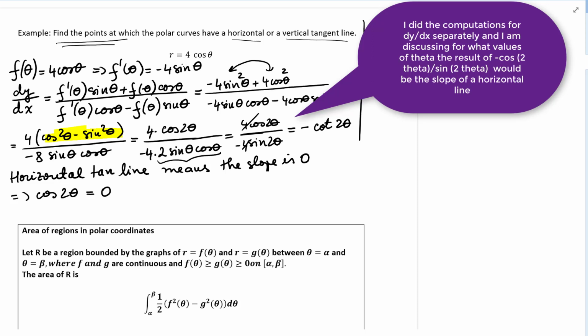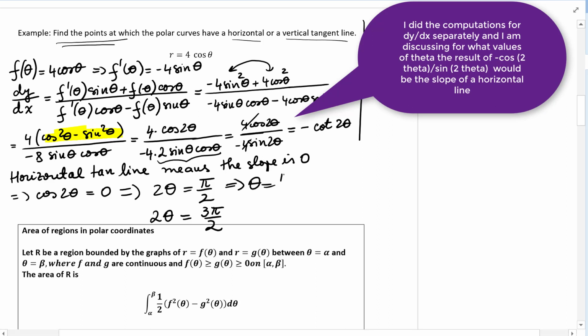Cosine of 2 theta equals 0 means 2 theta equals pi over 2, or 2 theta equals 3 pi over 2. That's where cosine of 2 theta equals 0. So that means theta equals pi over 4, which means r equals 4 cosine pi over 4.